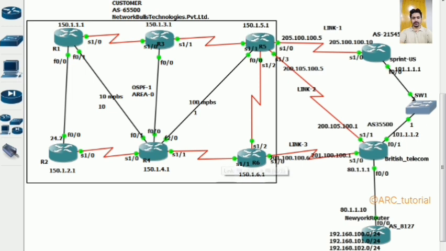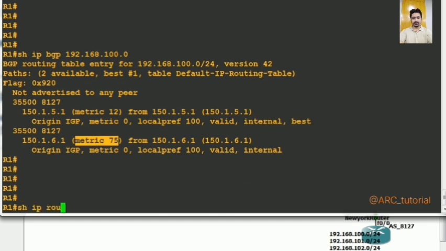But to reach R6, both links are serial links. That is why cost is higher to reach the loopback of R6 from R1. You see? This time its cost is 64 here. So 64 plus 1 plus 10 is what? 75. Even you can also check it on R1 as well. So IP route OSPF.